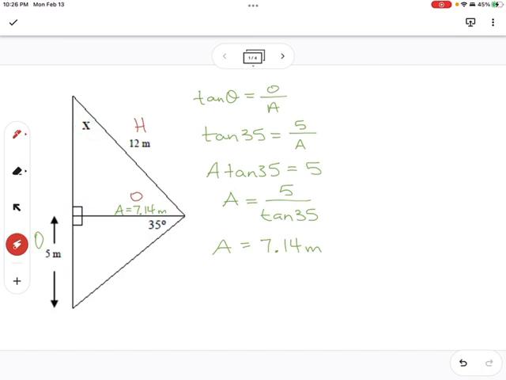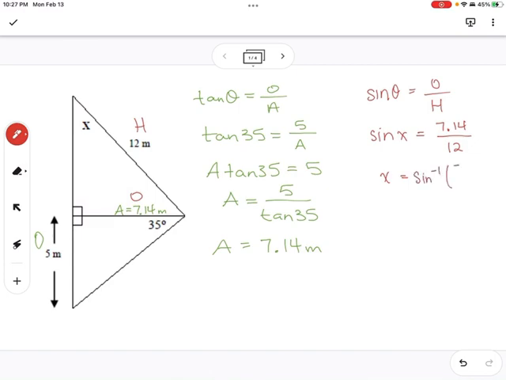Having opposite and hypotenuse, we're going to use sine. So sine theta equals opposite over hypotenuse. Filling in what we know, sine, the angle is x, the opposite is 7.14, and the hypotenuse is 12 meters. Getting x by itself, we need to move that sine to the other side. It will become a sine inverse of 7.14 divided by 12.